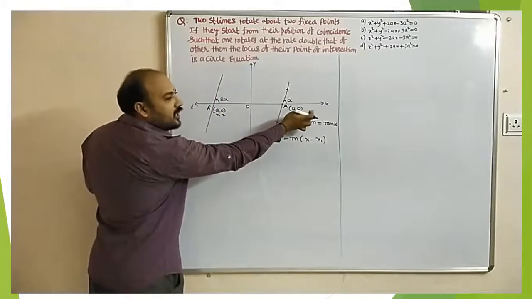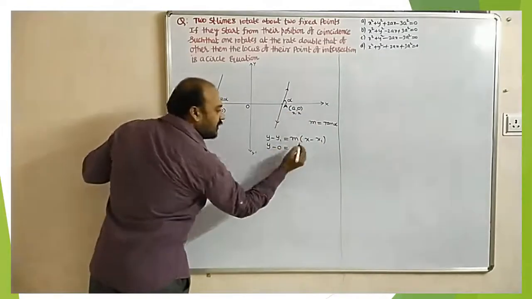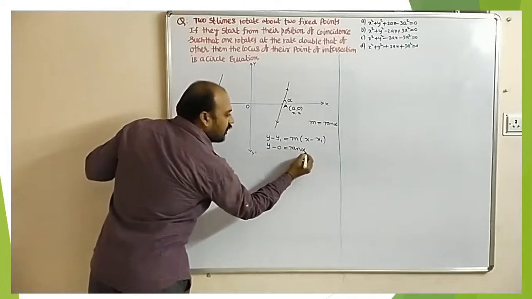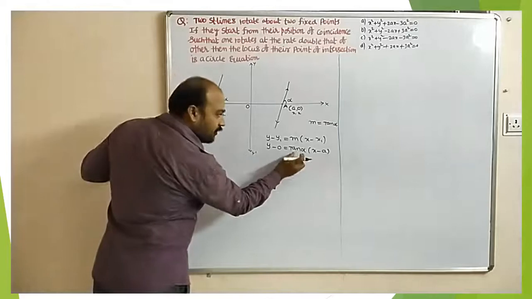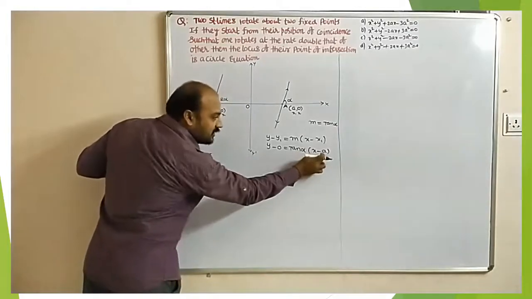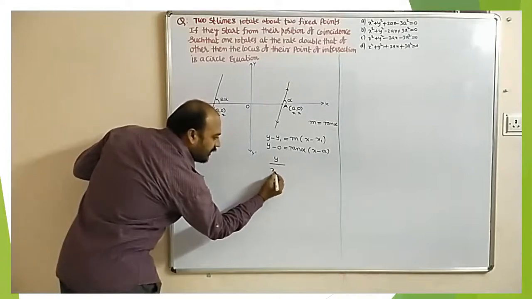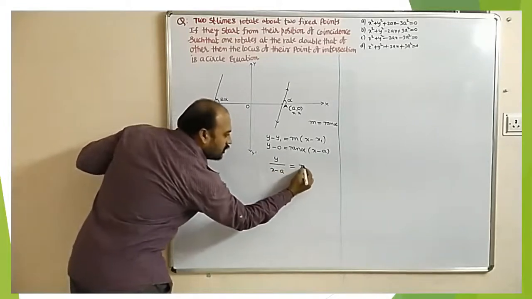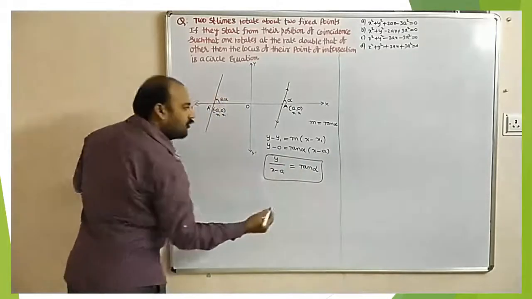In place of (x1, y1) substitute (a, 0), and in place of m, tan alpha: y minus 0 equal to tan alpha into x minus a. So from this, making tan alpha the subject, y by x minus a is equal to tan alpha. Put it in a box: y by x minus a equal to tan alpha.